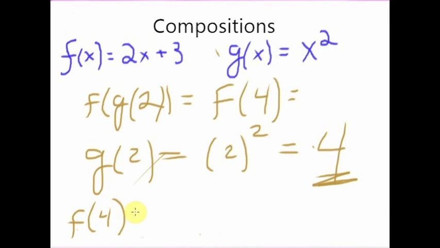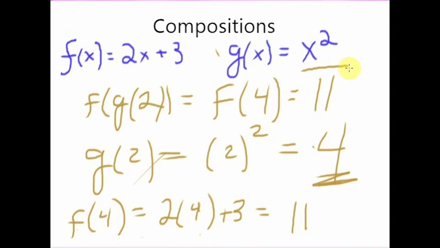So we plug 4 in every time there is an x in the equation f of x. So it's 2 times 4 plus 3, and that'll give us 11. So this means that f of g of 2 is equal to 11.